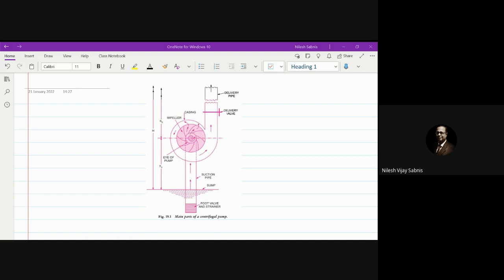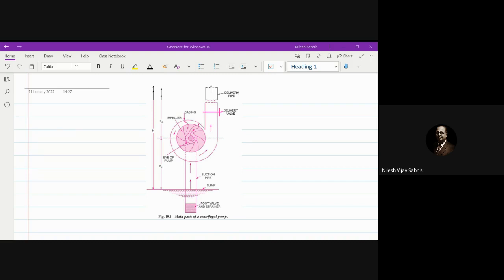If mechanical energy is converted into pressure energy by means of centrifugal force, the hydraulic machine is called as a centrifugal pump. That centrifugal pump we are supposed to study. So once again listen the definition.